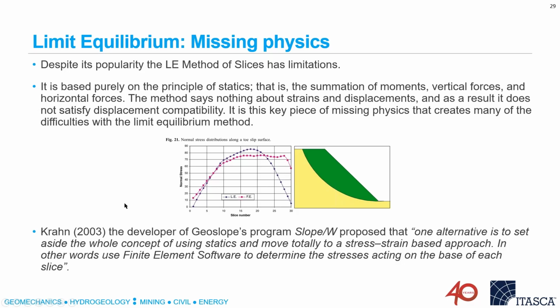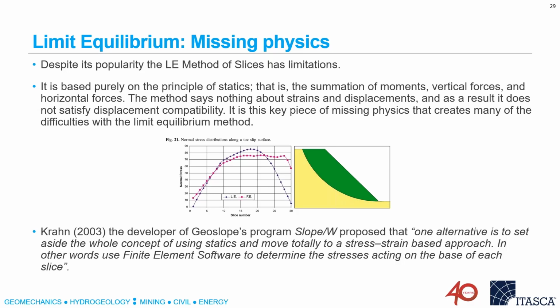So the developer of the GeoSlope program recognized this, and he said, well, one alternative is to just set aside the whole concept of using statics and move totally to a stress-strain-based approach. In other words, he said, use finite element software to get these stresses correct at the bottom of the slope, and then you'll be all set.